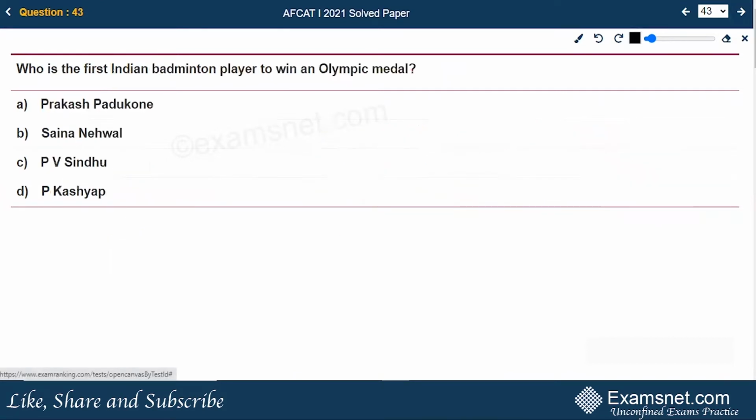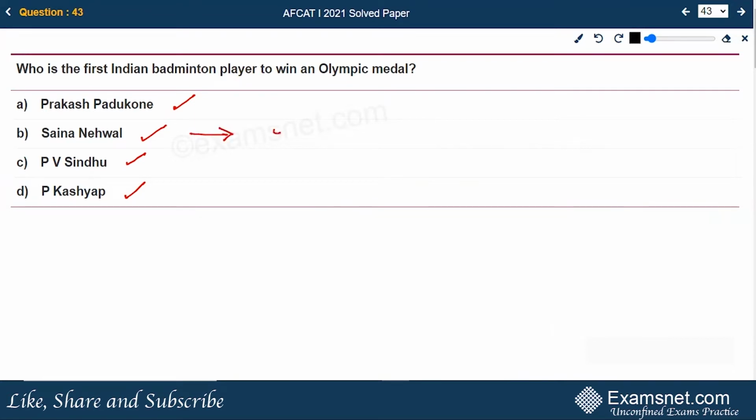Next, question number 43. Who is the first Indian badminton player to win an Olympic medal? Is it Prakash Padukone, Saina Nehwal, PV Sindhu, or P. Kashyap? The first woman to win a medal at badminton in Olympics is Saina Nehwal.